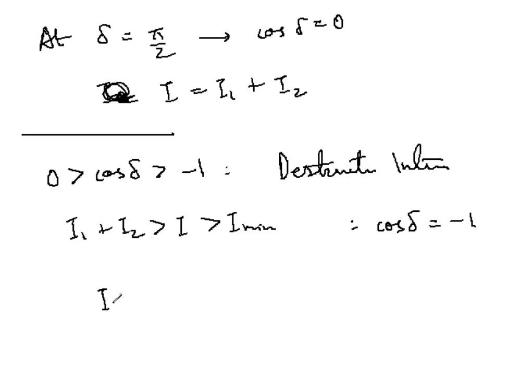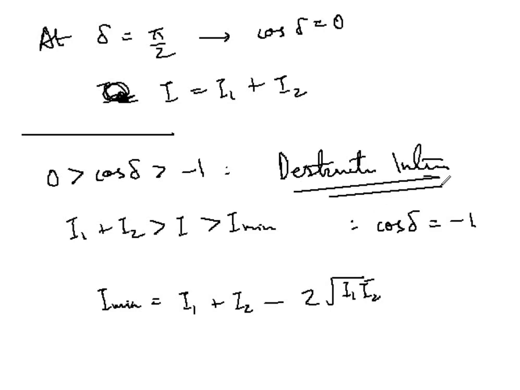And I will write it down as this: I minimum is equal to I1 plus I2 minus twice of square root of I1 and I2. So basically destructive interference. And so when does this happen? Of course, this happens when delta is equal to plus minus pi. You see, odd multiples: plus minus 3 pi, plus minus 5 pi, and so on. So this is the total destructive interference.